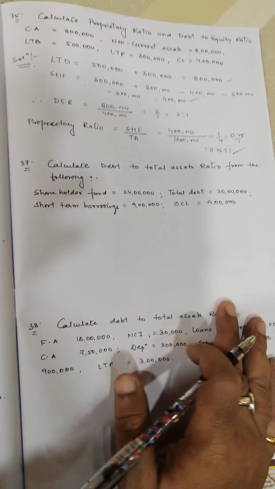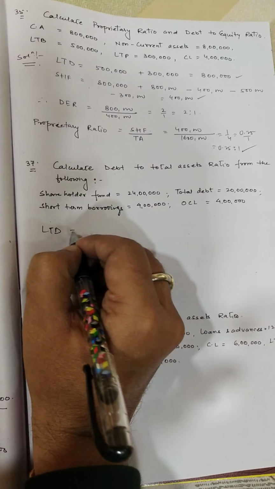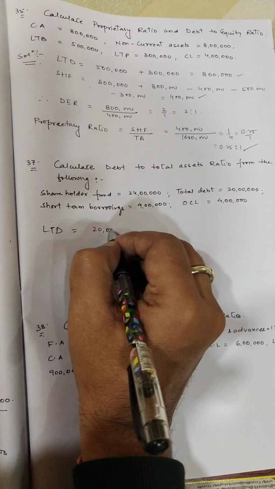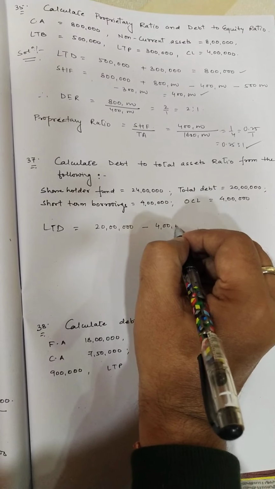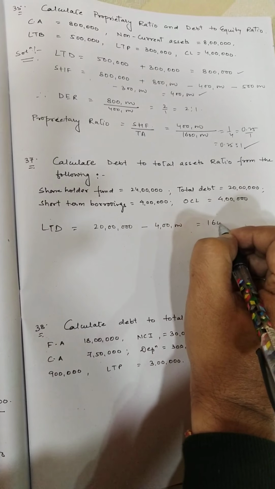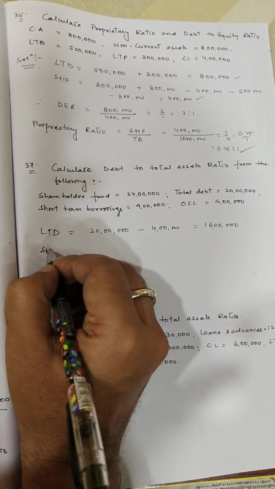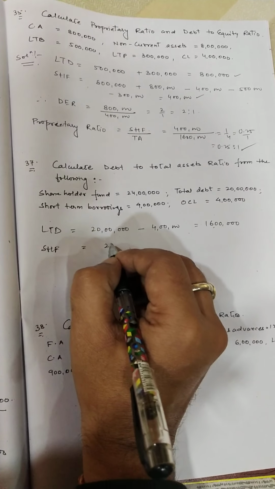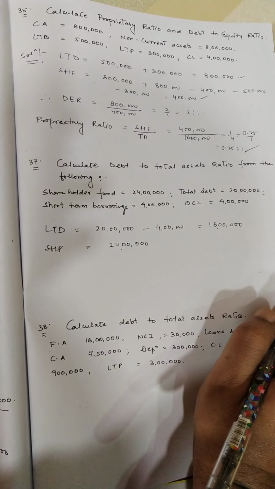Next one is debt to total assets. Again, we have to find the long-term debt, and for long-term debt we have to deduct short-term borrowings, that is the short-term loan, from the total debt, so that we get long-term debt. And the SHF is already given, which is 24 lakh.